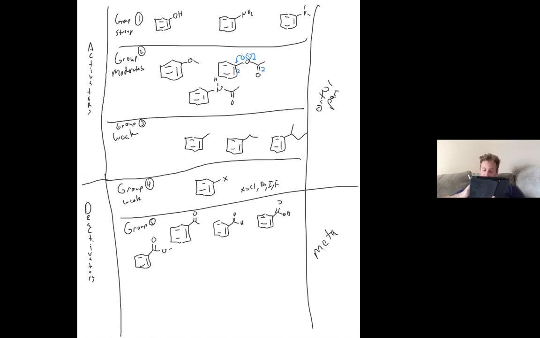Also noting that this ester here is different than the one up here. We're connecting the carbonyl to the ring as opposed to the oxygen. What else we got? Amide. Again, different amide. We're connecting the carbonyl and not the nitrogen. Nitrile. So C triple bond N. Or a sulfate.